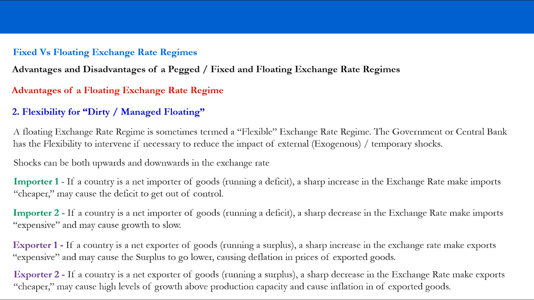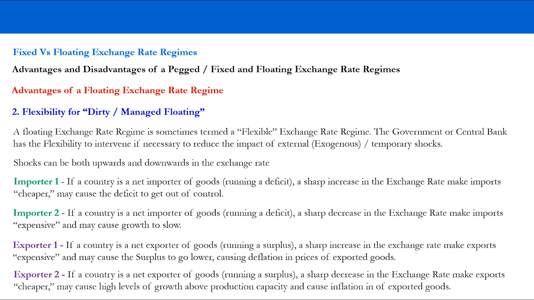As an exporter, so let's say you're a country who's a net exporter of goods and you're running a surplus, a sharp increase in the exchange rate due to some exogenous shock that's out of anybody's control makes your exports more expensive and can cause your surplus to go lower. And this can create a situation where you get deflation in the prices of your exported goods.